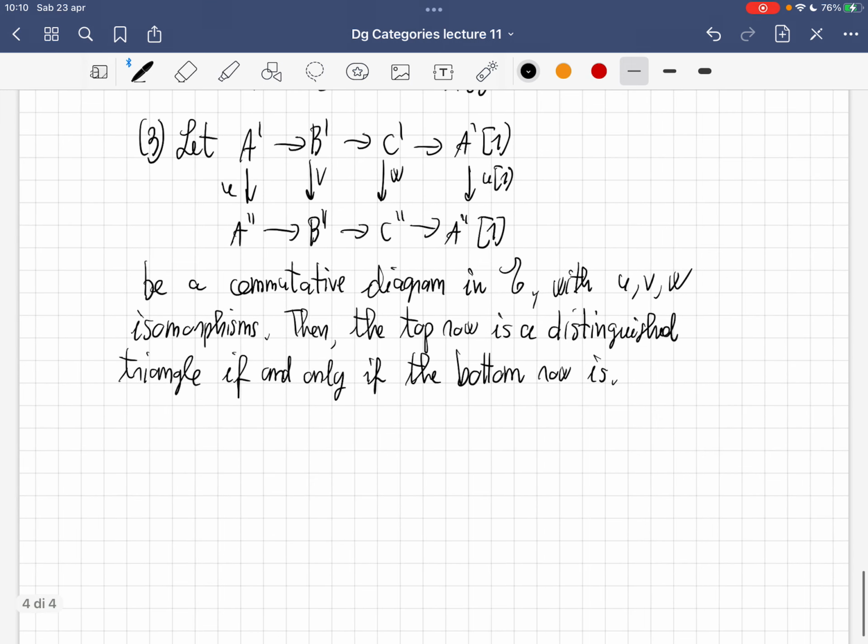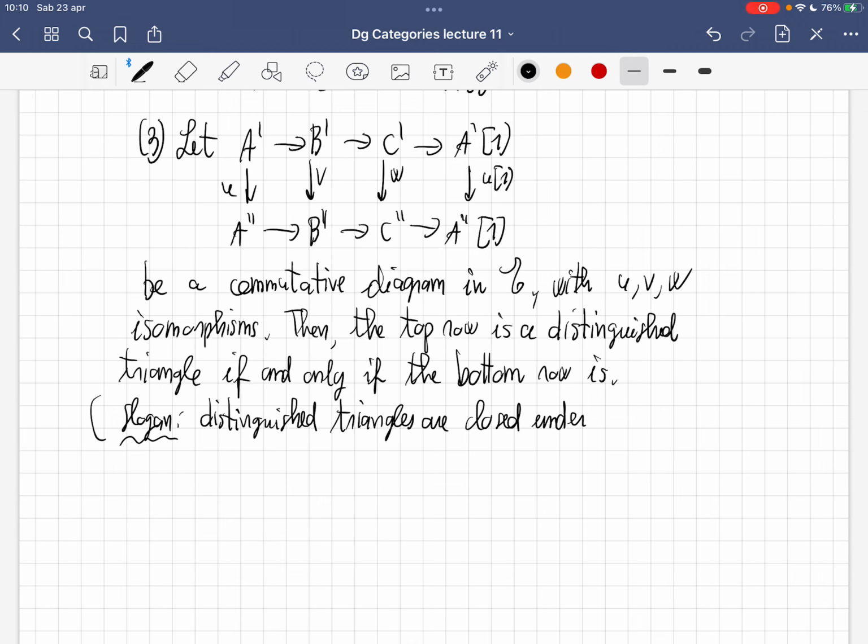Okay. So essentially, if you want, for this last part, the slogan: distinguished triangles are closed under isomorphisms.